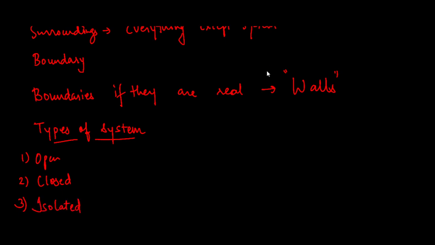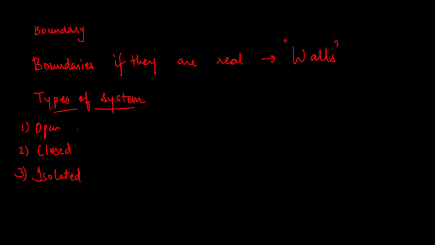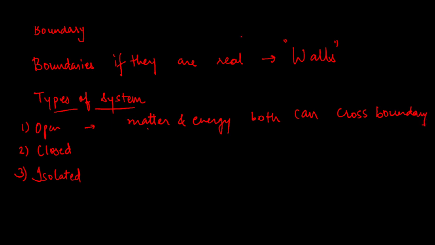Open is where matter and energy both can cross the boundary. That is called an open system. They can be transferred between system and surroundings, or in a simple way you can say they can cross the boundary.